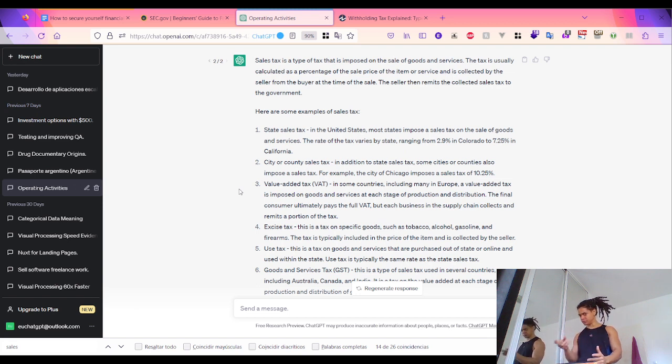This is a very common tax in Latam. Okay, value added tax.